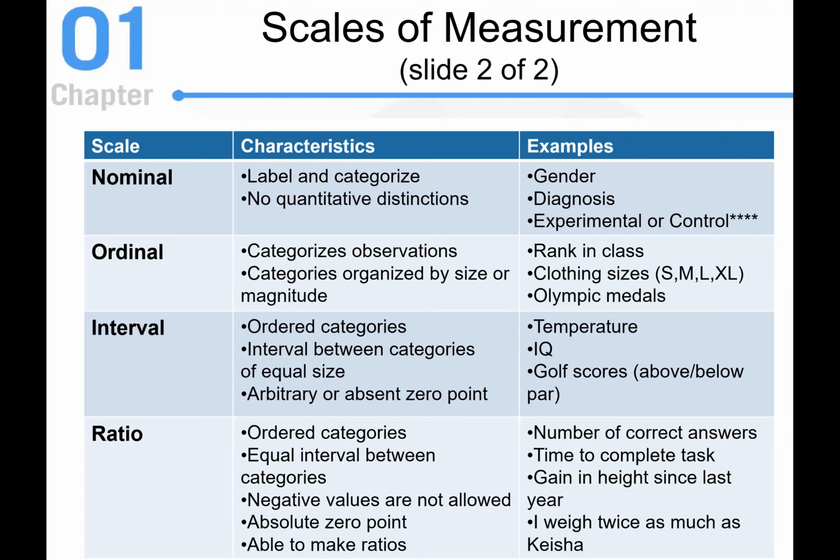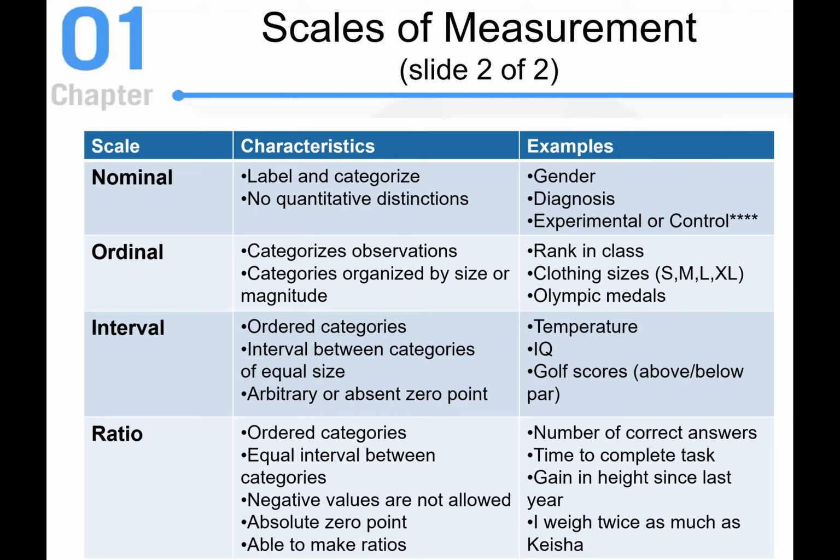If the temperature in Fahrenheit is 70 degrees and somewhere else has a temperature of 60 degrees, we know that the difference between those two temperatures is 10 degrees.